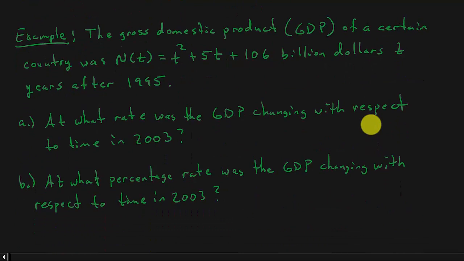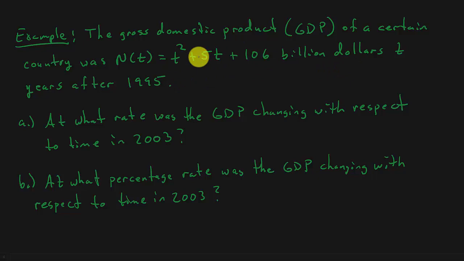So let's look at this word problem here. It says the gross domestic product, GDP, of a certain country was N of T equals T squared plus 5T plus 106, in billions of dollars, T years after 1995. At what rate was the GDP changing with respect to time in 2003?